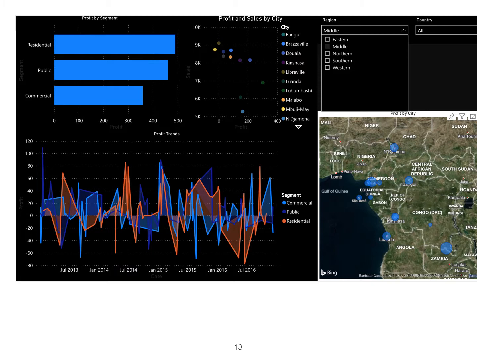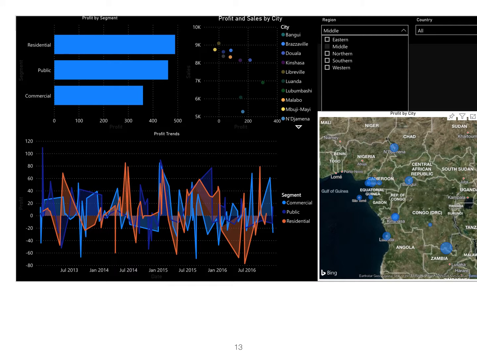So this is the global situation for Chad. We see that in Chad, the residential level is the highest with almost 90,000 profit, and the public brought in the second highest, and commercial the least.